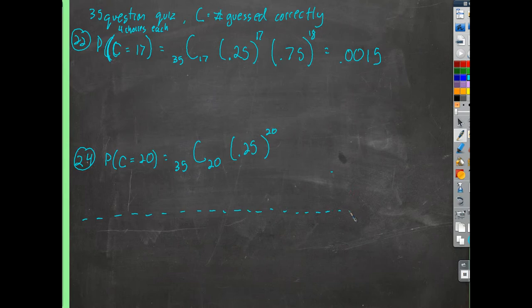And then we're going to get all right, so that should be a total of 35 little dashes, and 20 of those are going to be correct, and 15 of those are going to be incorrect. The probability that you'll get 20 correct is just 0.25 times 0.25, 20 times.